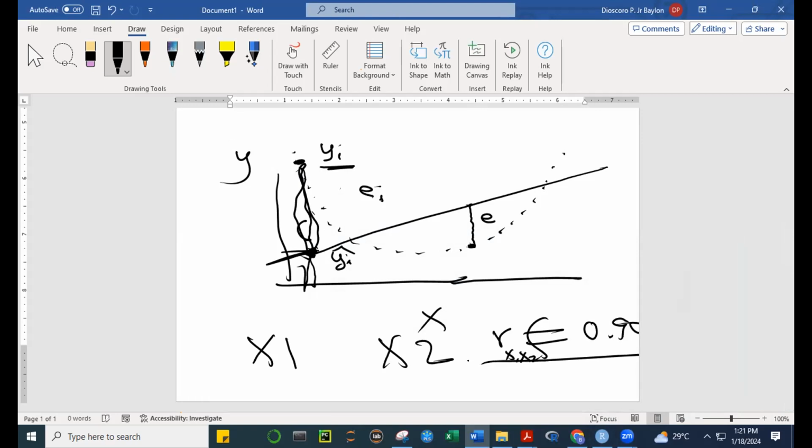Now, the problem with this is that it will be quite difficult to determine what percent of the variation of y is being explained by x1 or x2. Why is that so? Kasi very highly correlated sila, di ba? If they're highly correlated, then it might be difficult to determine which of them explains y more.